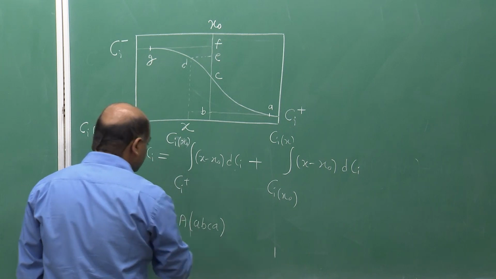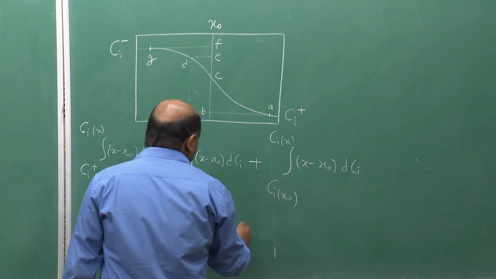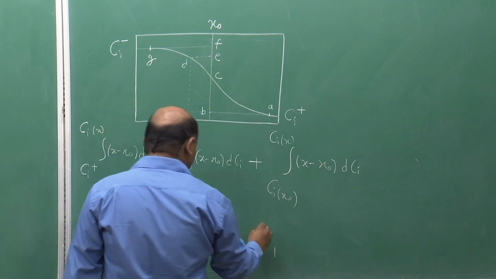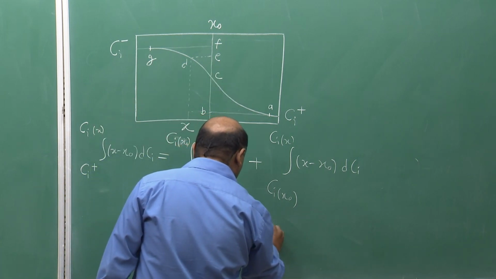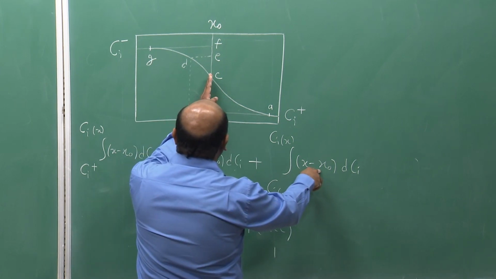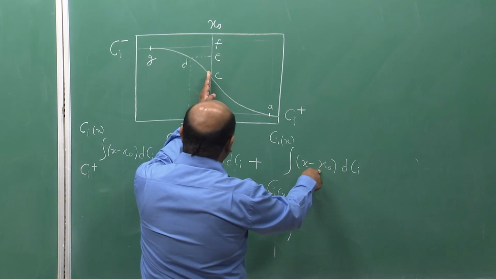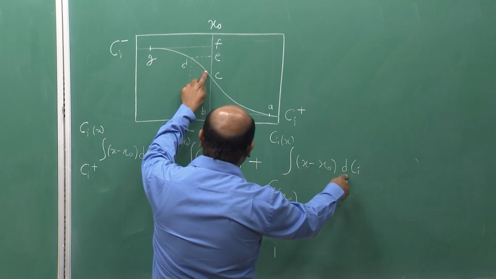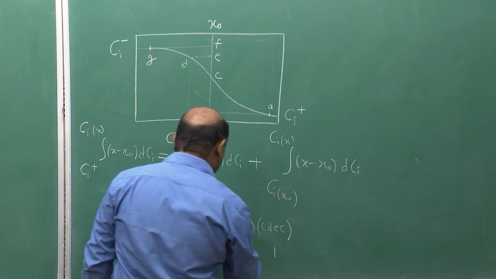So, this has a positive sign, and this integral is nothing but area CDE. Here now x minus x naught has changed its sign because it is now negative on the left side of the Matano plane, but dCi is still positive. So, this has a negative sign.